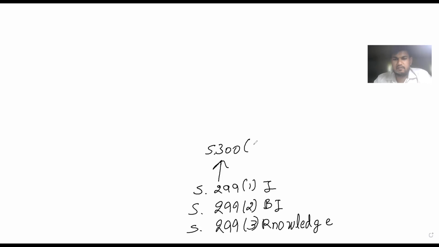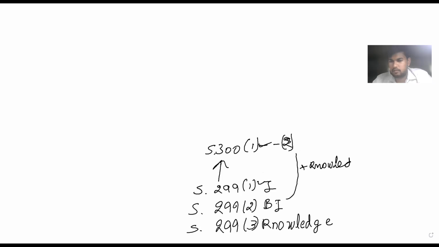Then section 301, intention. If 299 is proved, 301 is automatically proved. Then 2, bodily injury. What bodily injury plus knowledge of offender.